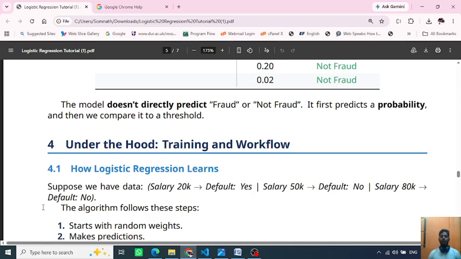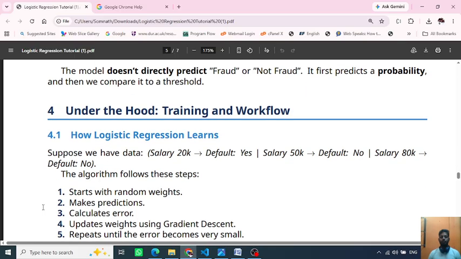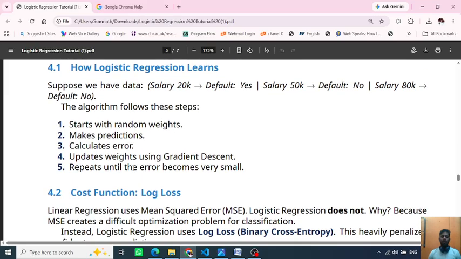So let's have a look at the training workflow. How does logistic regression learn? Suppose we have data like salary 20K, default yes, salary 50K, default no, salary 80K, default no. This is actually a loan and defaulter kind of data. The algorithm follows these steps.